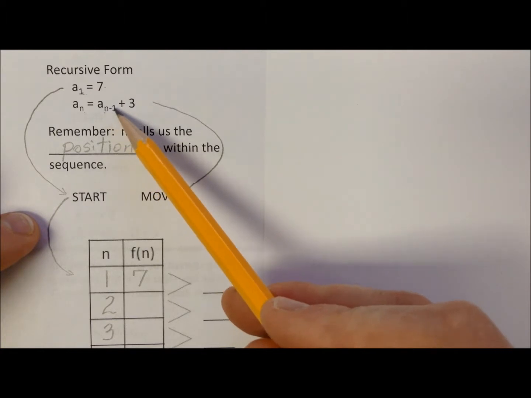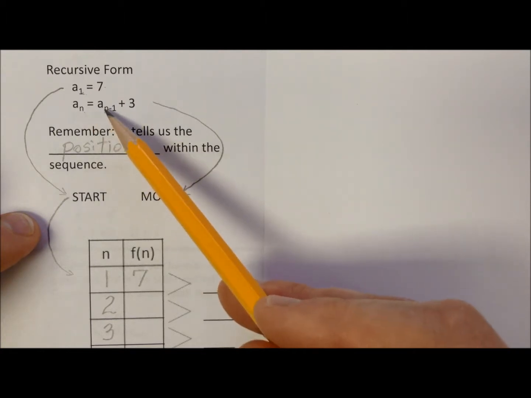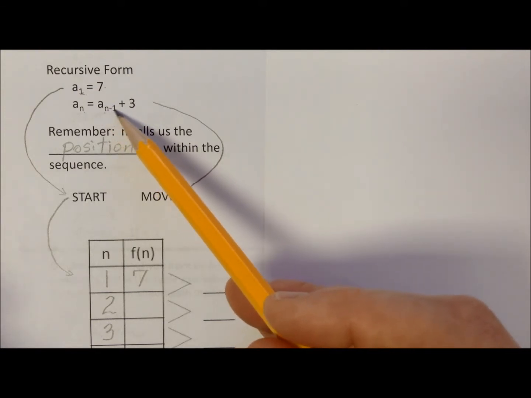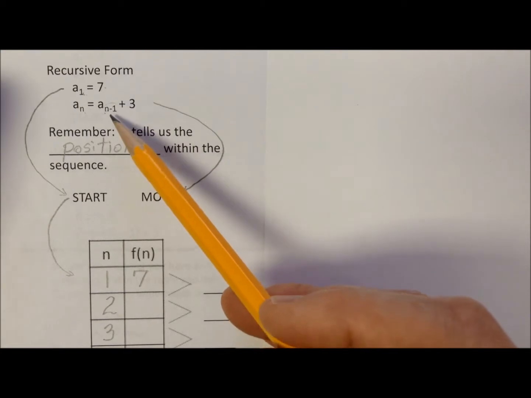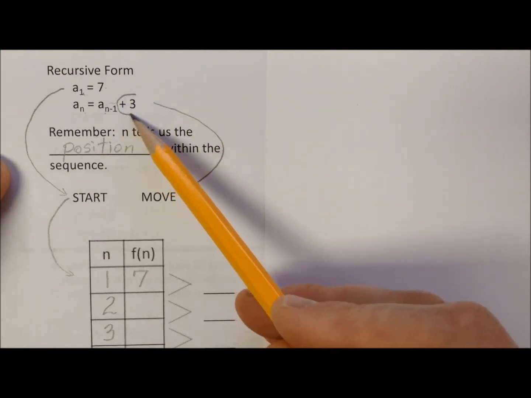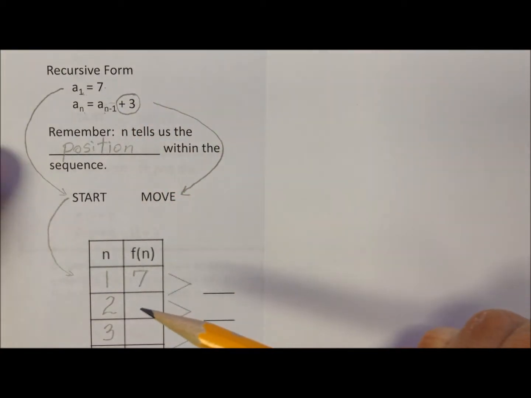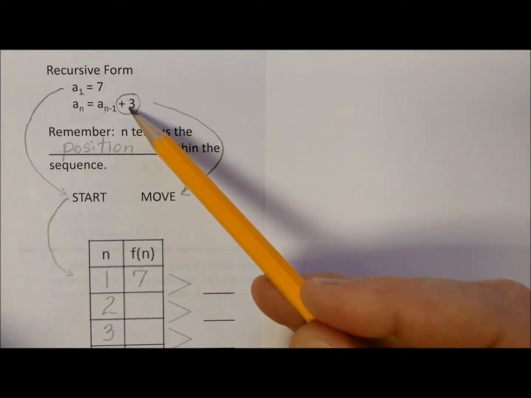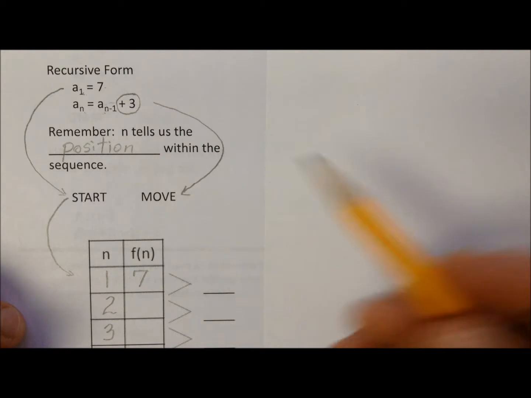These subscripts with variables aren't going to tell us what to do. In other words, I'm not going to subtract 1 because that's a subscript. Really, the only meat and potatoes we have is this right here. The only thing clearly telling us to add is this plus 3. That tells us how we're going to move.